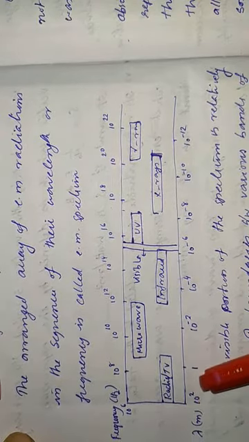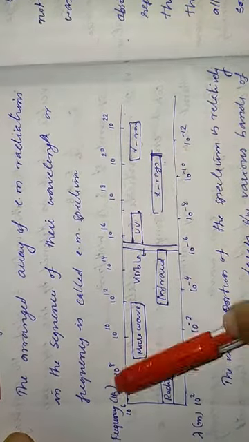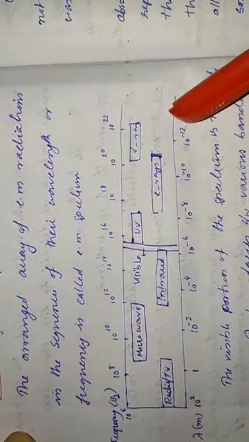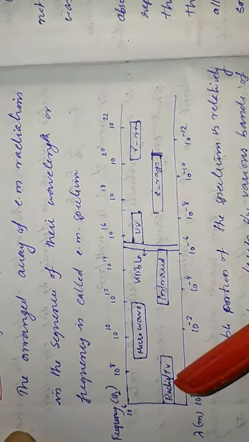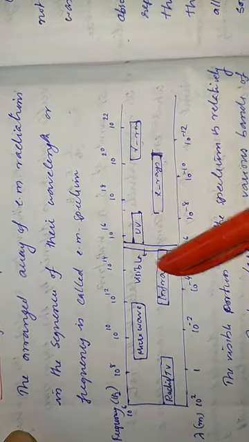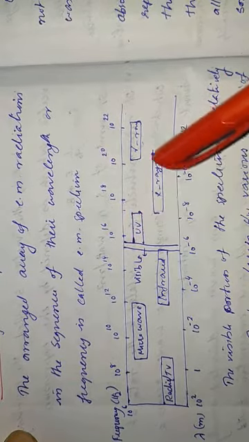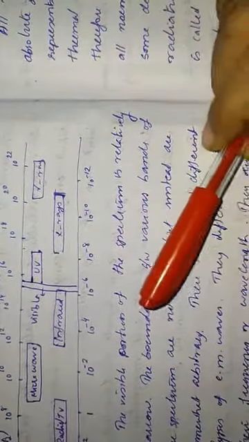Here is shown the wavelength, and the upper axis shows frequency, and in the increasing order of frequency, these are in the order radio wave, microwave, infrared, and this band represents the visible region, and this is ultraviolet, this is X-rays and gamma rays. So the visible portion of the spectrum is relatively narrow.